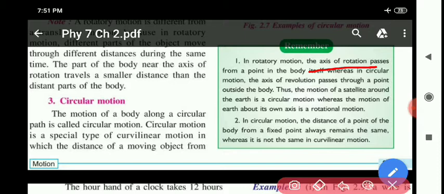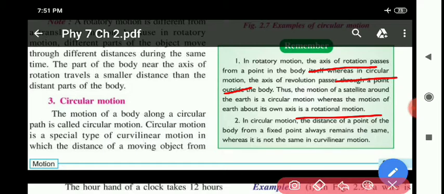That is a point of rotation within the body itself. Whereas in circular motion, the axis of revolution passes through a point outside the body. Thus, the motion of a satellite around the earth is circular, whereas the motion of the earth about its own axis is a rotational motion.